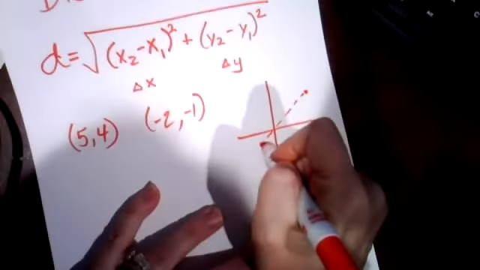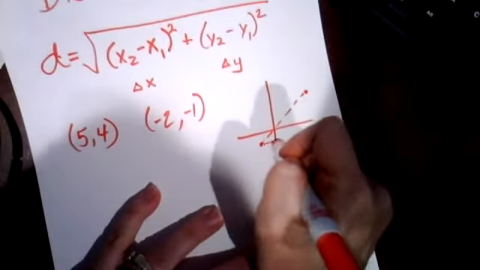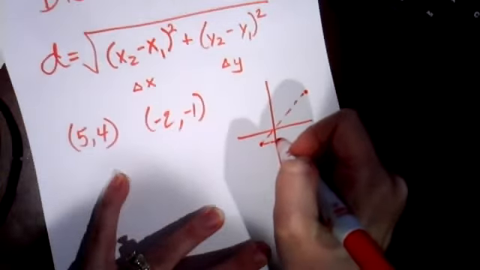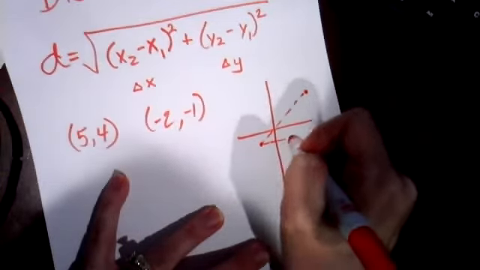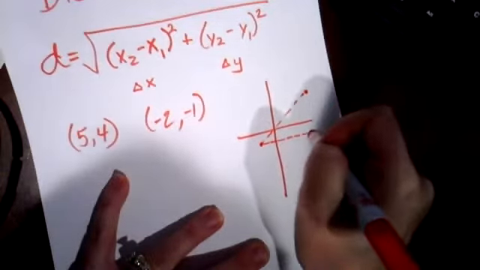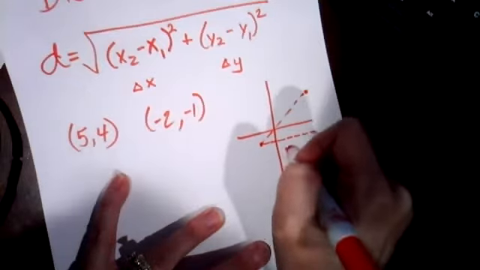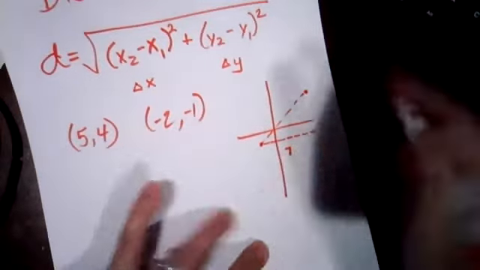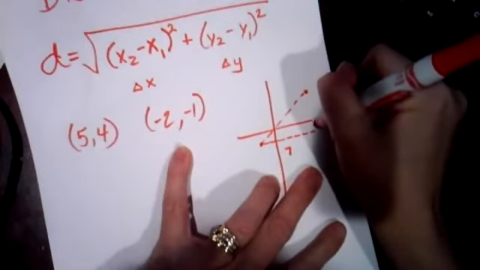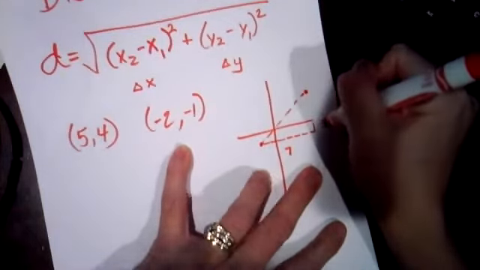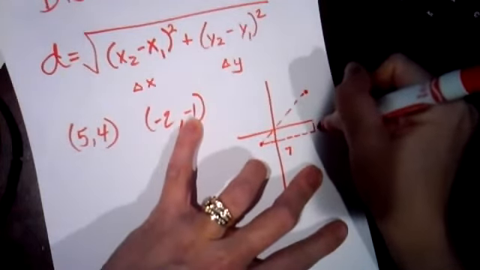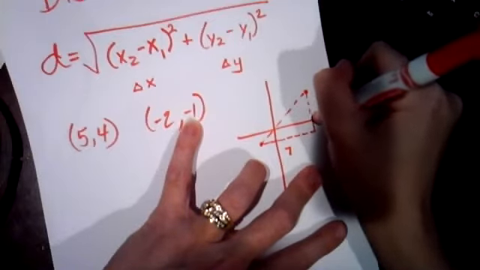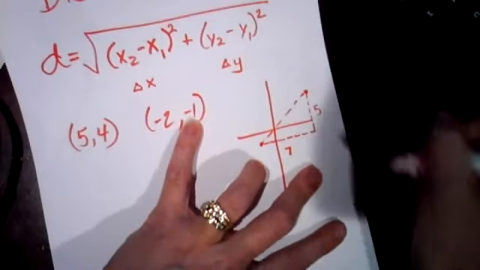We could count this way: that would be 2 over, and then over here 5 more, so this would be 7. This way, this is 1, so this is our down 1, and then this is up 4: 1, 2, 3, 4. So this is 5.